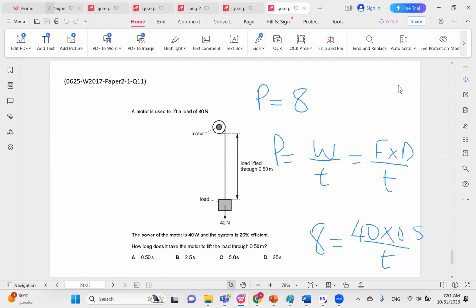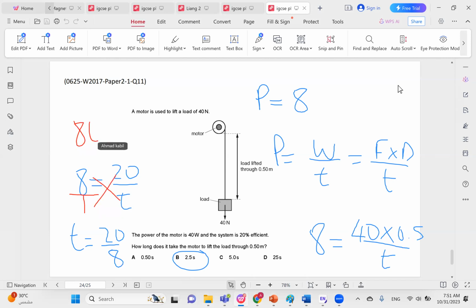So therefore, 8 equals 20 over time, and the time would be 20 over 8, which is 2.5 seconds. If you're wondering how I got the last equation, this is a mathematical trick. You can just substitute the 8 and the t, and the equation still works. If you don't really get that, you can do over 1 and cross multiply. So 8t equals 20. So again, t equals 20 over 8, which is 2.5 like we said. So the correct choice here would be choice B.